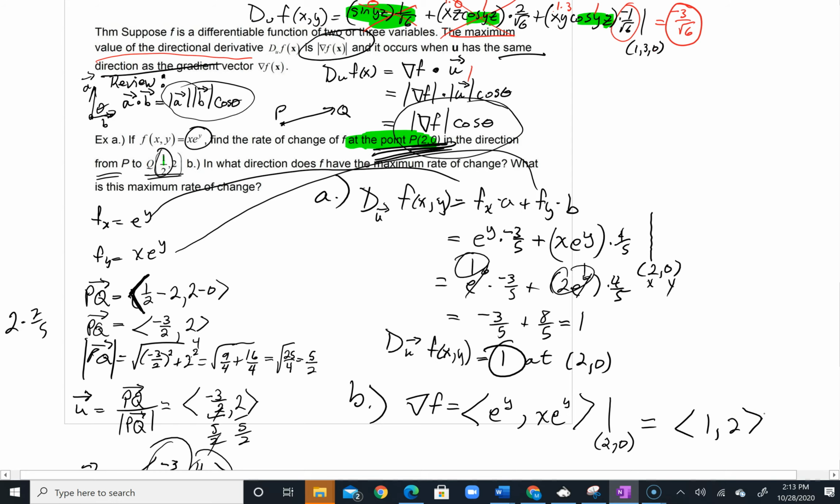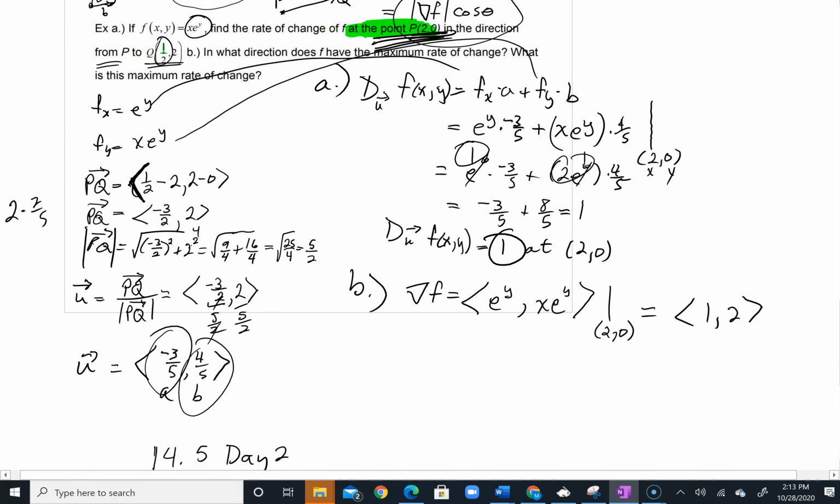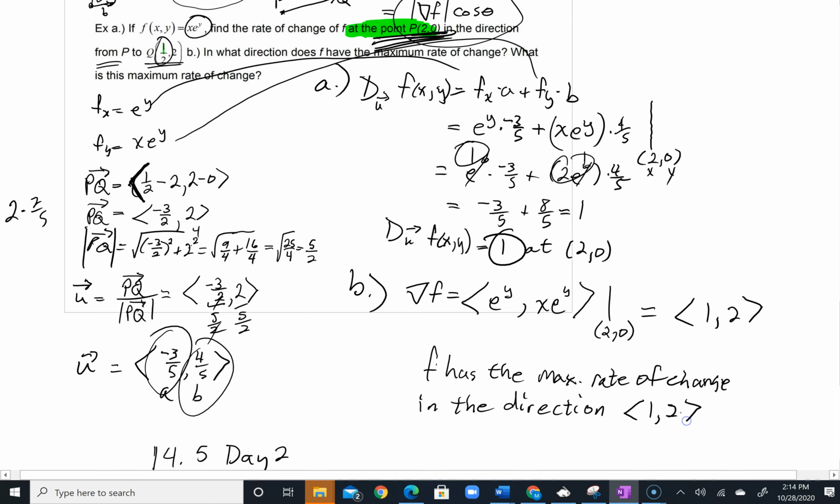So what I can now say is f has the maximum rate of change in the direction of <1, 2>.